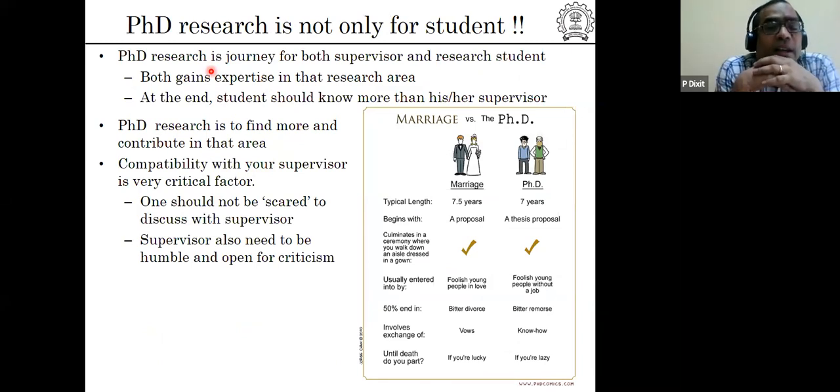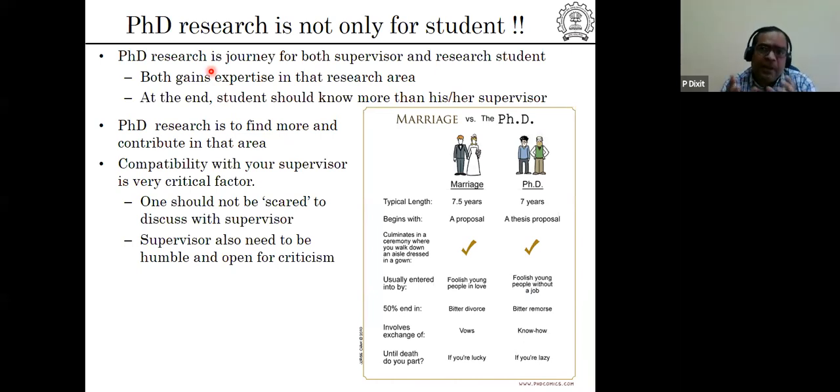Now, if you look at PhD study, remember that although it is mainly carried out by a student, it's not only a journey for him. The PhD journey is both for the supervisor and for the student; both gain experience in that particular area.